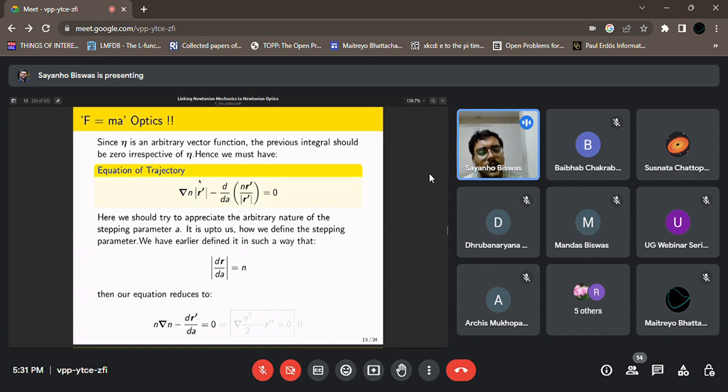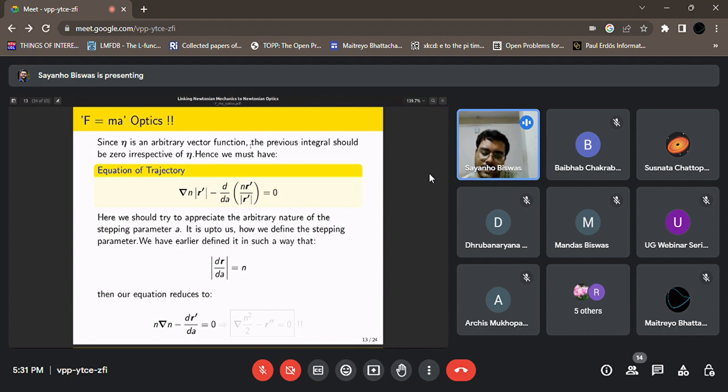So we can write the first term as n gradient of n in the equation of trajectory under the yellow box. Look at the yellow box. We can write the first term as n gradient of n minus d/dA of, now the mod R prime is nothing but equal to n. That means in the numerator there is an n in the second term, and in the denominator there is a mod R prime, which is nothing but n.